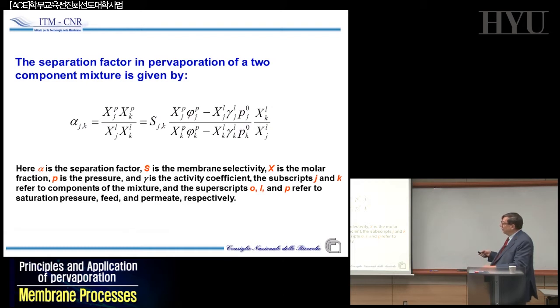You can rewrite this term in terms of the chemical potential of the different components, and that will be the expression for defining what is called here the separation factor.